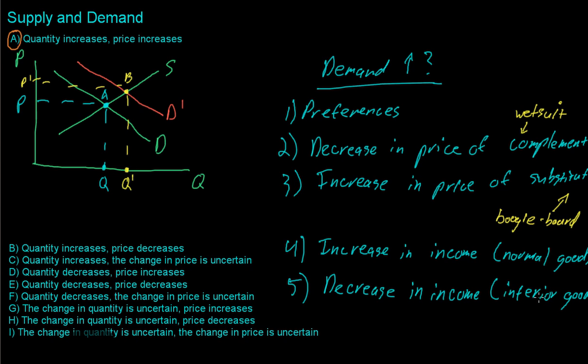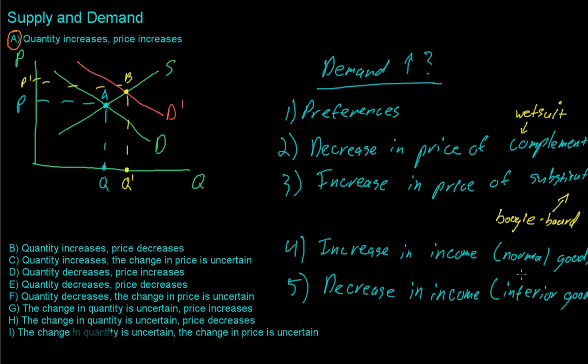You eat it when you're a college kid because you have no money. But when you get more and more money, you're going to pay for better food, and you're going to want less top ramen. A surfboard is a horrible example here of an inferior good because there's no real way to justify buying more surfboards when you have less and less money. But when you have less money, you do buy more of some goods. Top ramen would be one example.